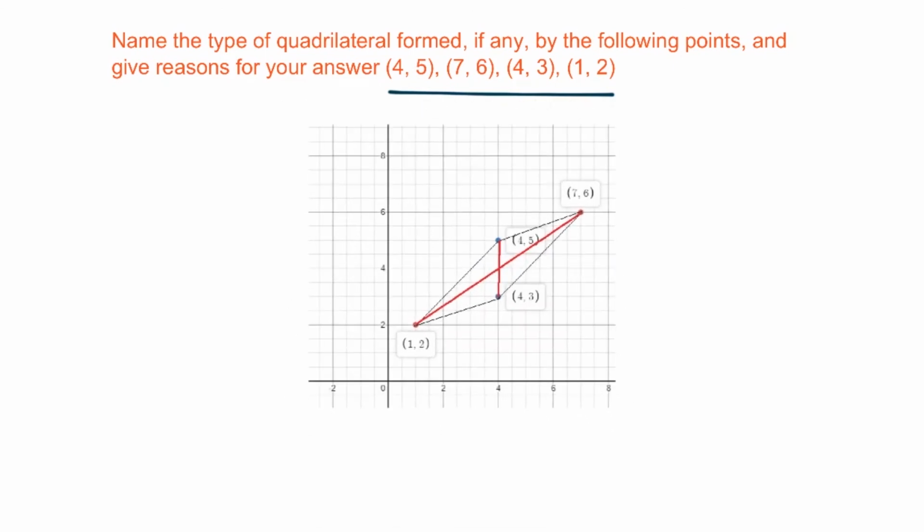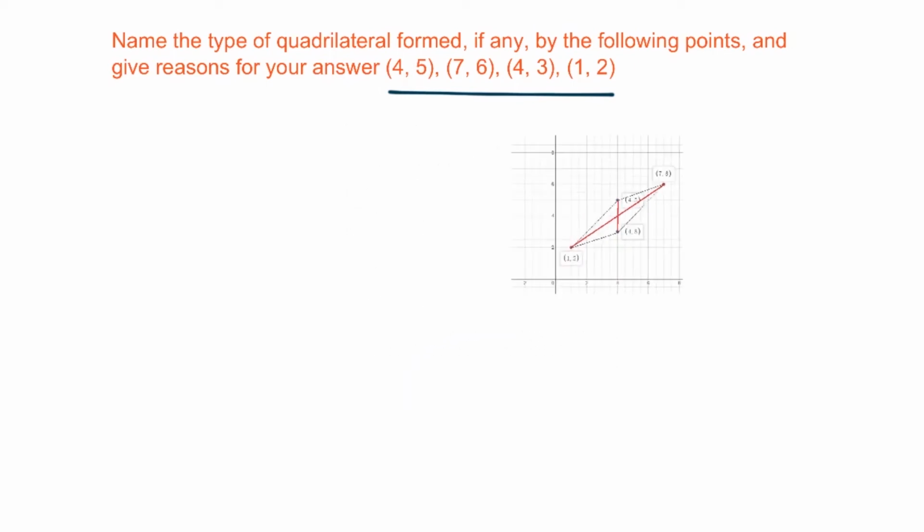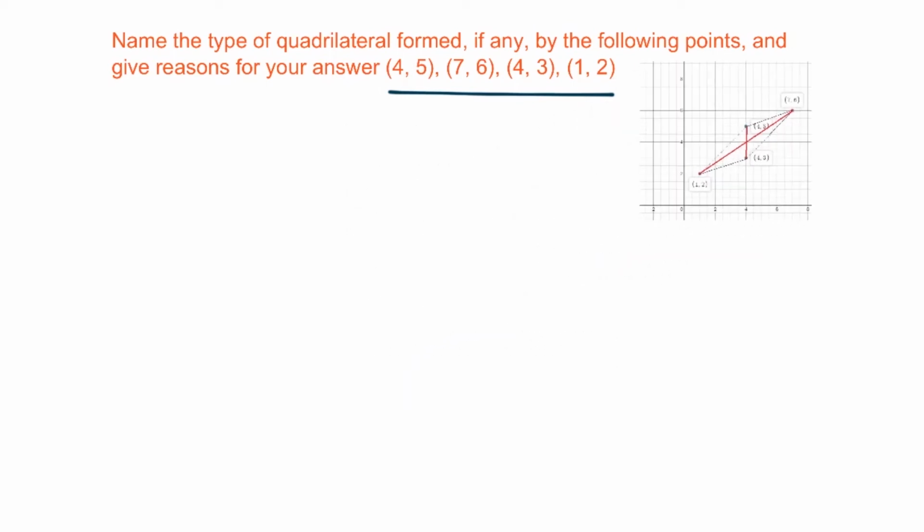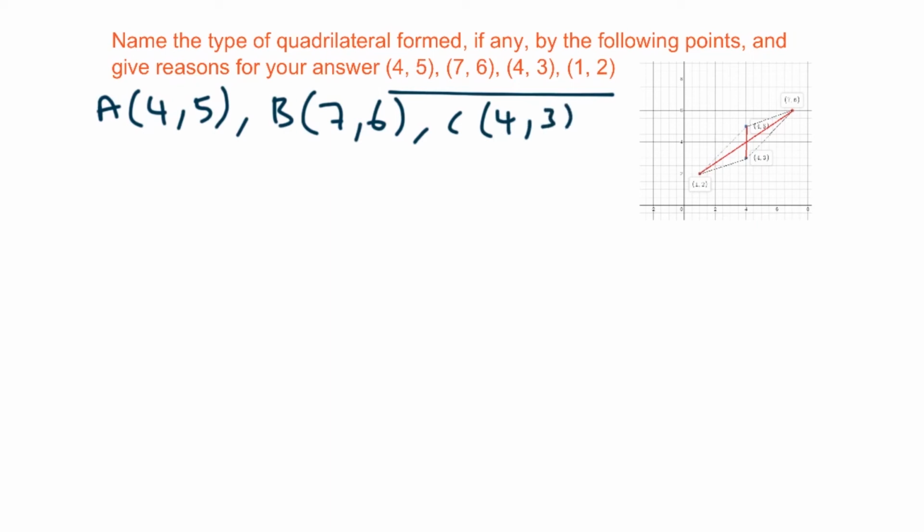So anyway, let us find the lengths of all the sides and two diagonals, then we can come to a conclusion. So A is (4, 5), B is (7, 6), C is (4, 3) and D is (1, 2).